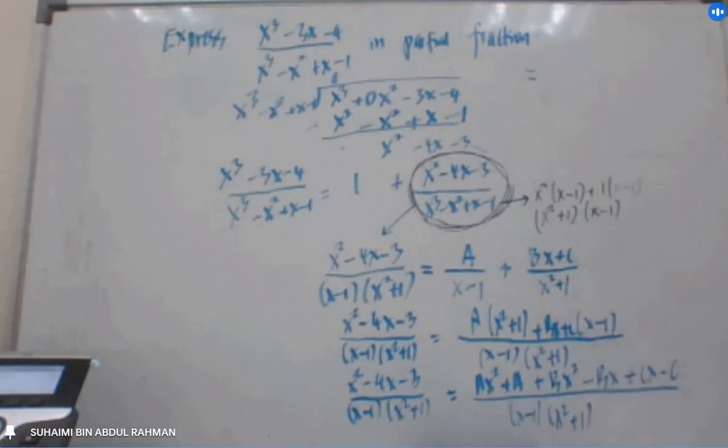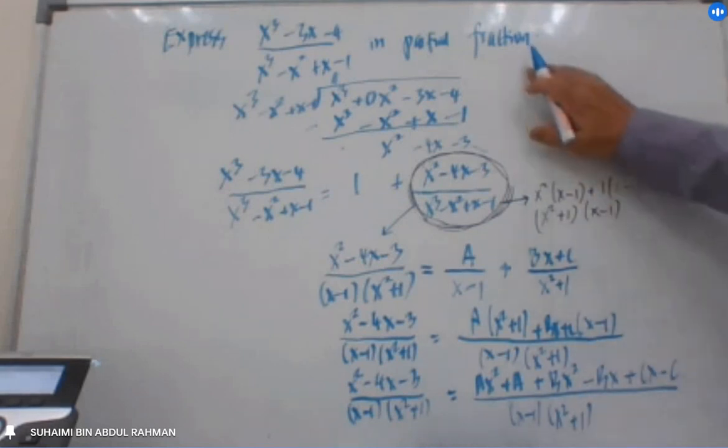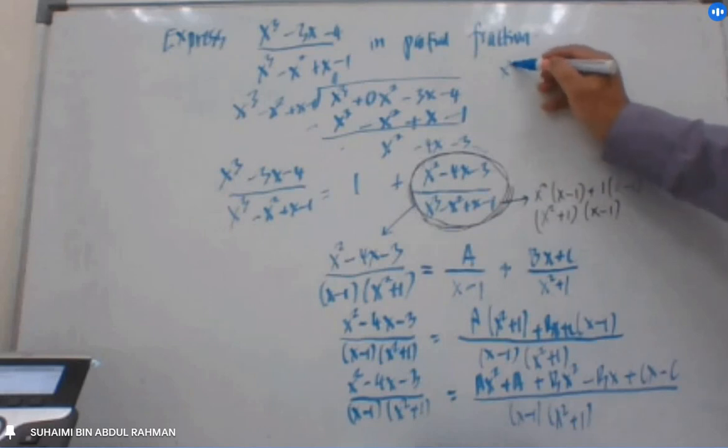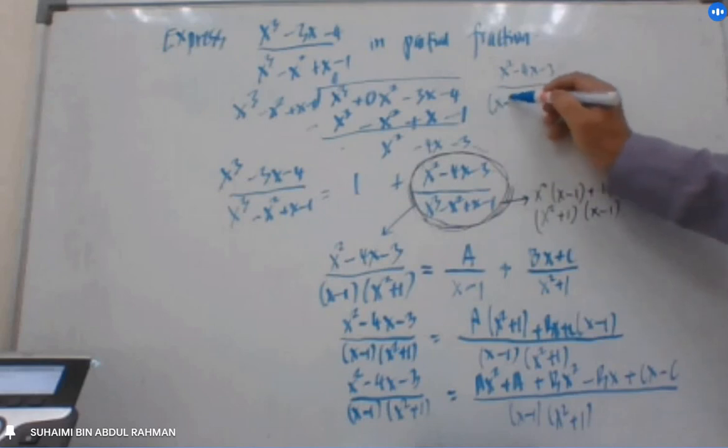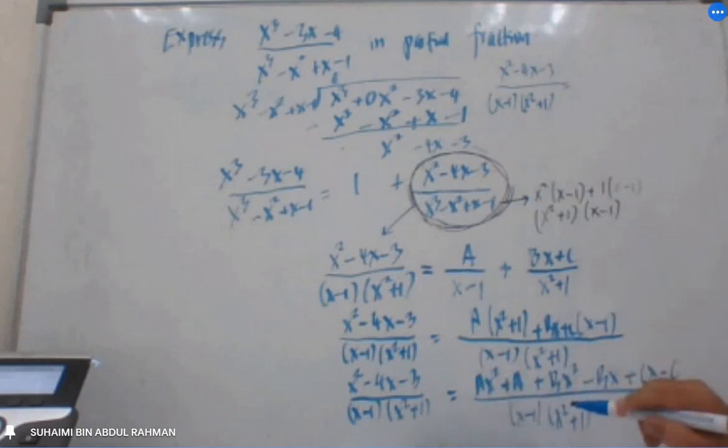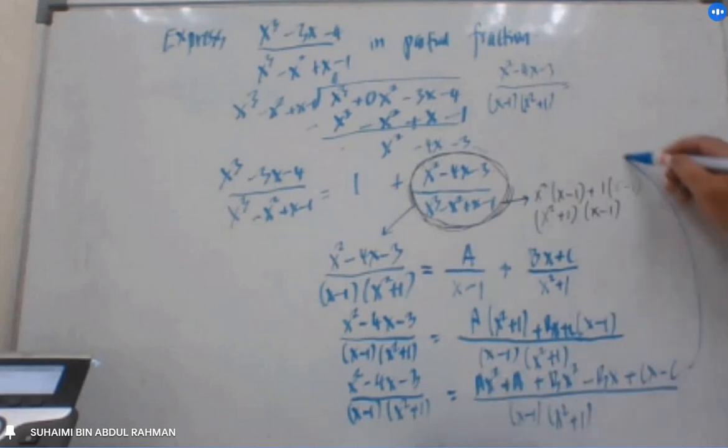So it is equal to what? The coefficients of x squared. Remember we have x squared minus 4x minus 3 divided by x minus 1 x squared plus 1, equal to, from here go to here, right? Find the coefficients of x squared. What is the coefficient of x squared here?